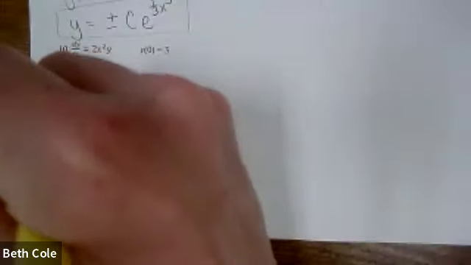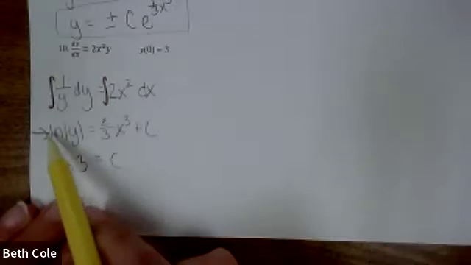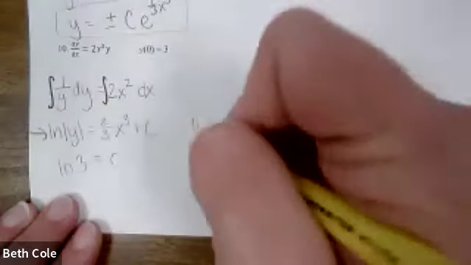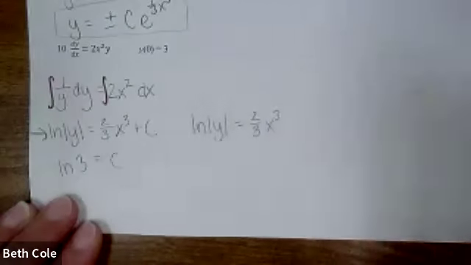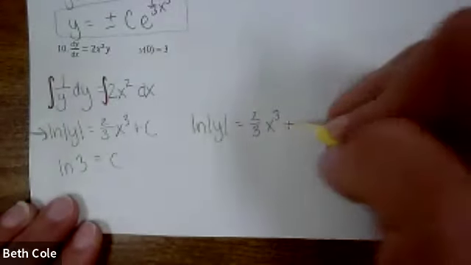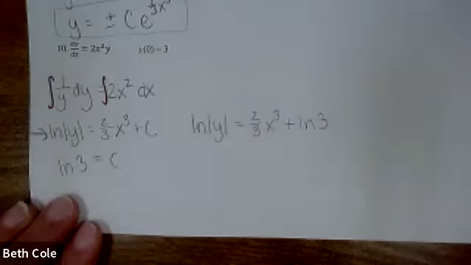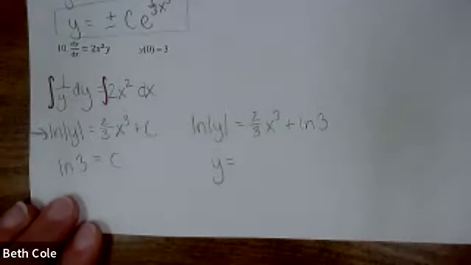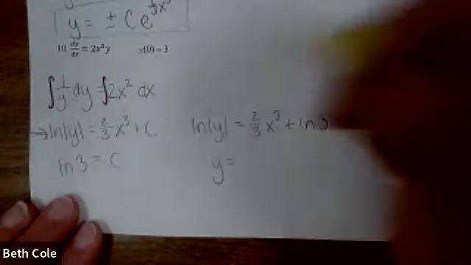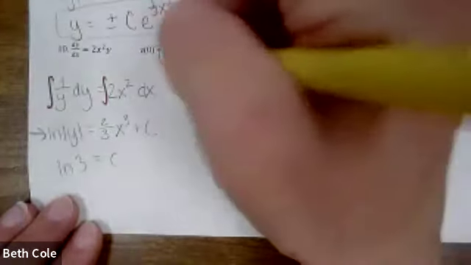We're going to recopy this step. Again, I always draw an arrow on it. Just recopy it exactly like it looks. But instead of plus C, we're going to put plus ln 3. Now, E and ln cancel out. Just as a heads up. Okay, so we're going to get y equals. Don't put plus and minus. You make a decision. Do we want the plus or do we want the minus?